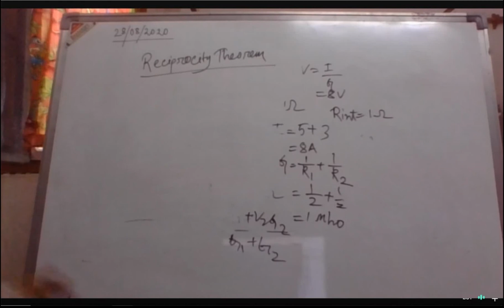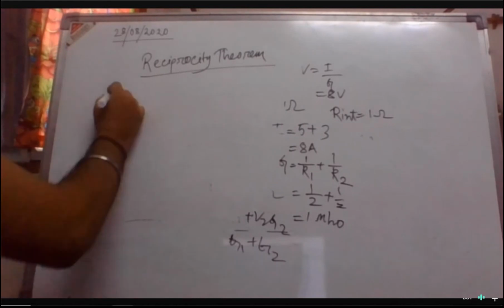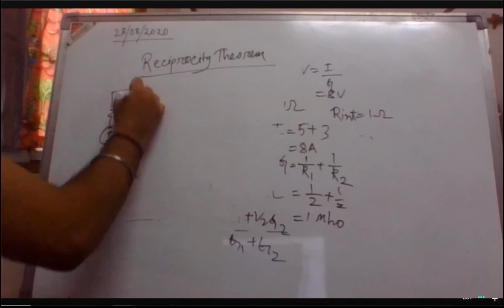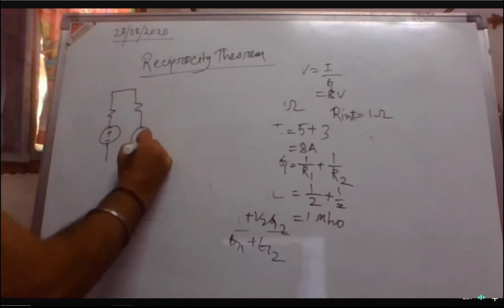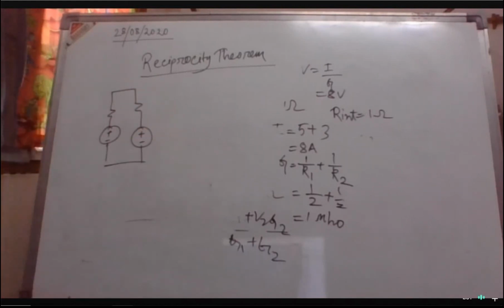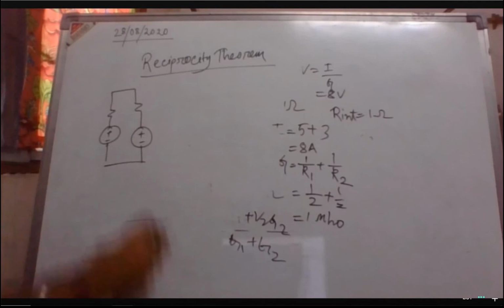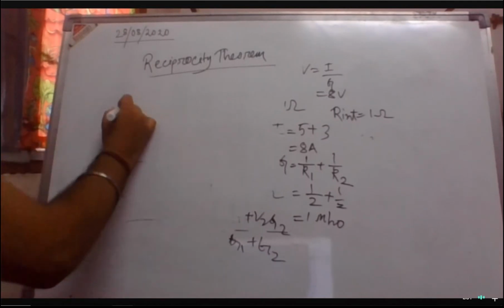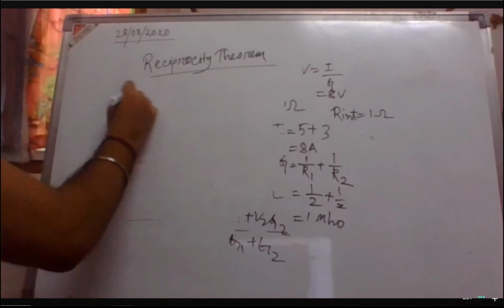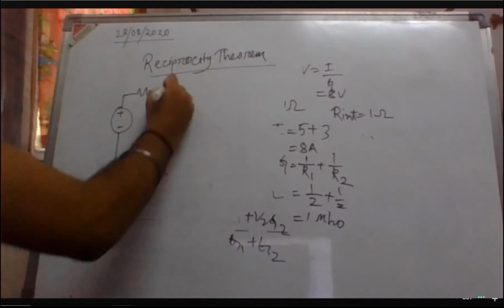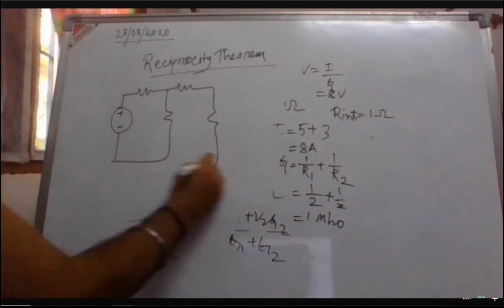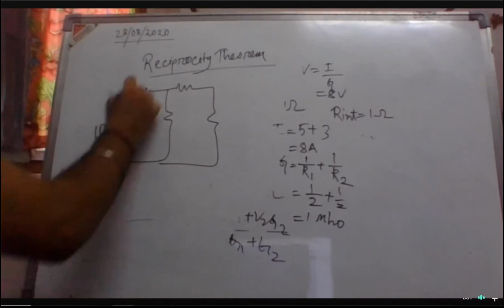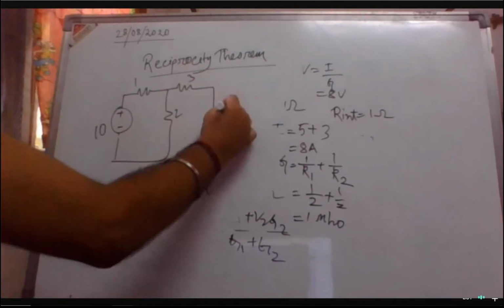Listen very carefully. Let me take an example and then make you understand. Suppose we have a circuit like this, with arbitrary values 1, 2, 3, 4.